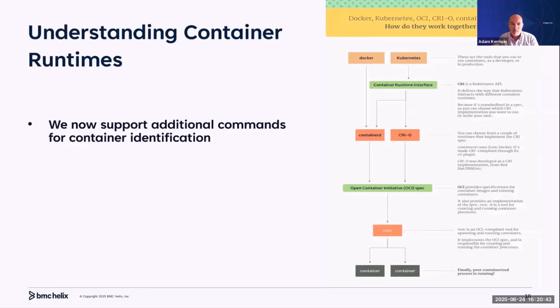And so we've revised how we do container identification to support additional ways of doing it, additional commands and things like that, so that regardless of which one of these tools you're using at which level, it will be able to identify everything, potentially falling back, if it lacks permissions or a tool isn't installed, because sometimes they're optional user tools, then it can fall back to other methods in order to ensure that we find all of the containers.